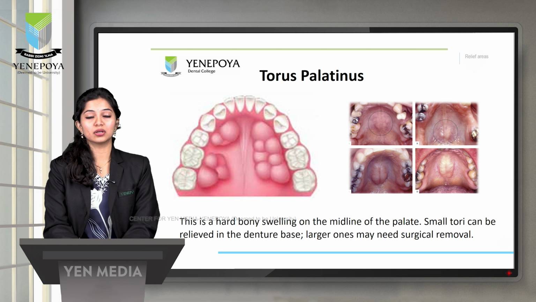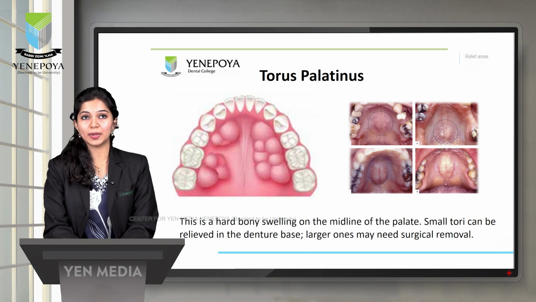Now the fourth relief area, that is your torus palatinus, or the plural form tori. This is a hard bony swelling on the midline of the palate. Small tori can be relieved in the denture base, and larger ones might require surgical excision or removal. It could be anywhere in the palate.